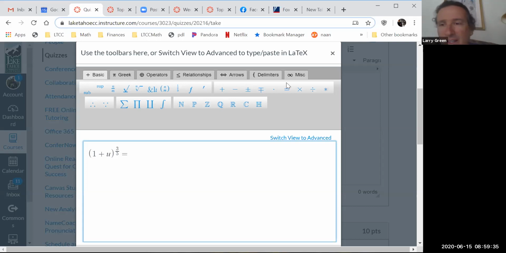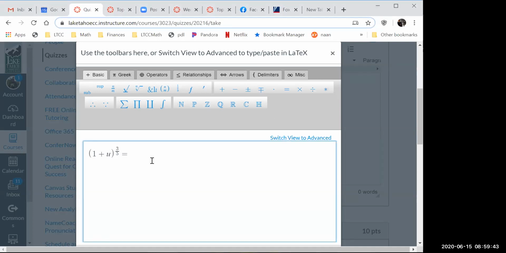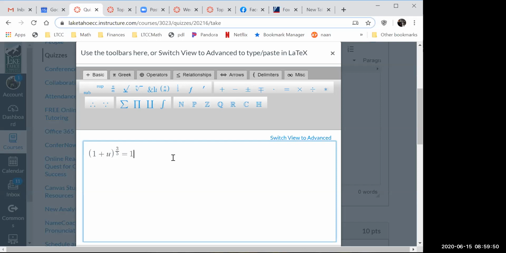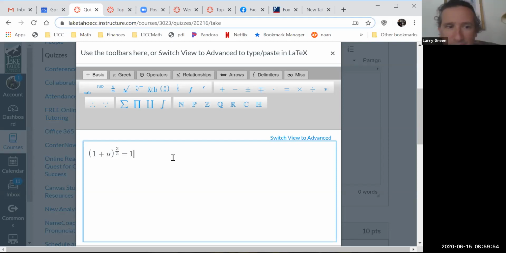This is pretty easy. What's the first term in the binomial expansion? The very first term is 1. Yeah, the first term's 1, right? And note, by the way, if u is 0, then you just get 1. That's the reason.